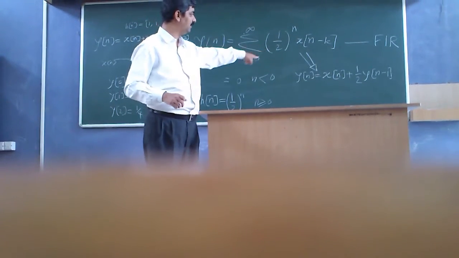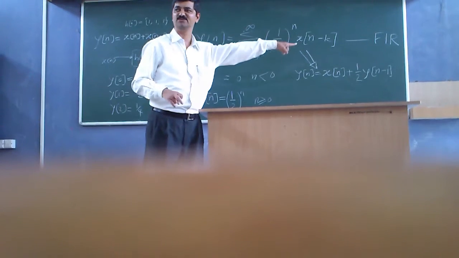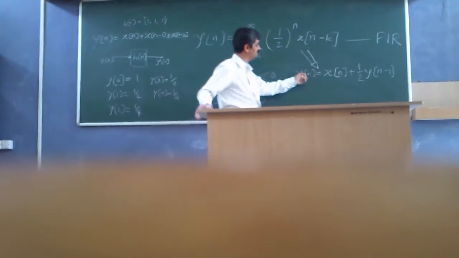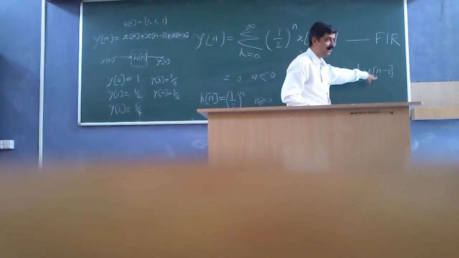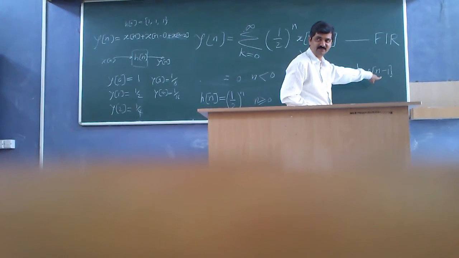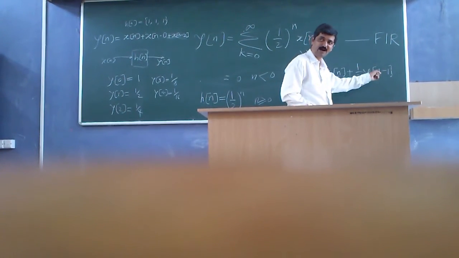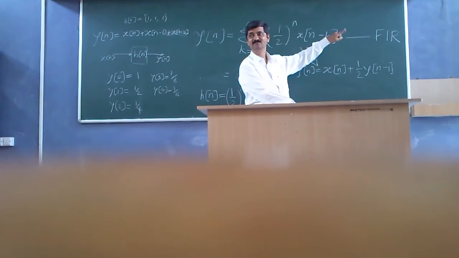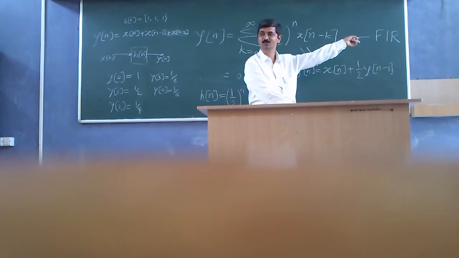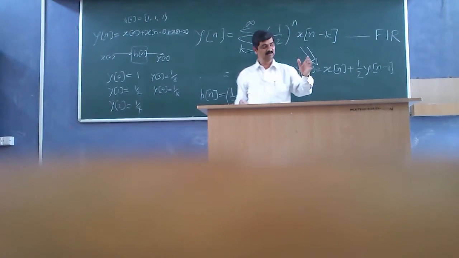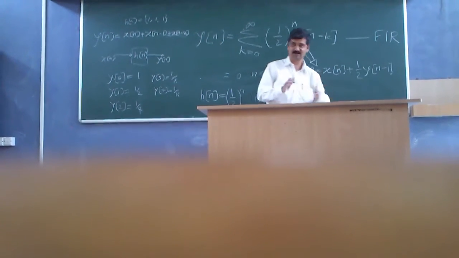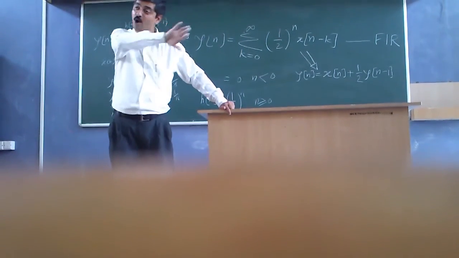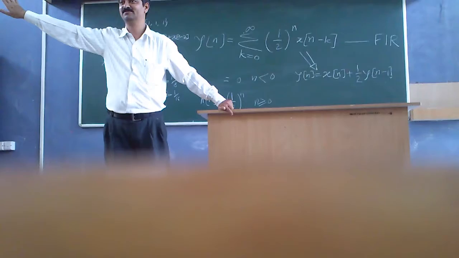So by this way, by a simple equation we can write, and since y n contains the y n minus 1 term, y n minus 1 we can write as x n minus 1 plus half y n minus 2. So each term contains a consolidated effect of all previous inputs.